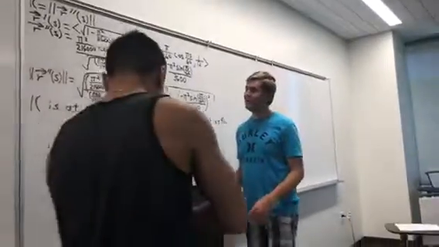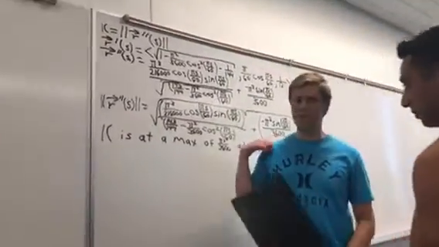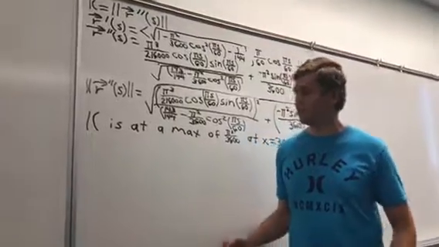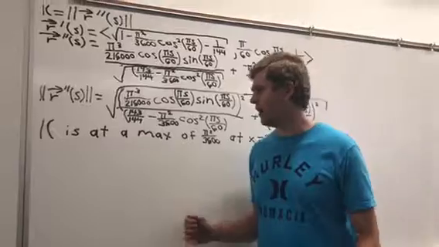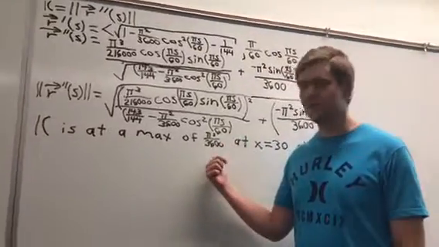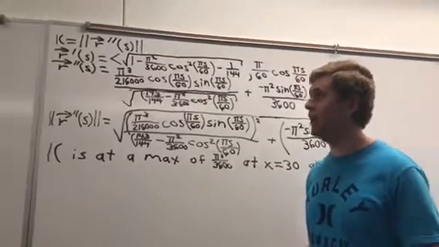Okay. So for question number 2, we want to find the curvature of the sine ramp, and we want to find out what the max value is and what x values it occurs at.